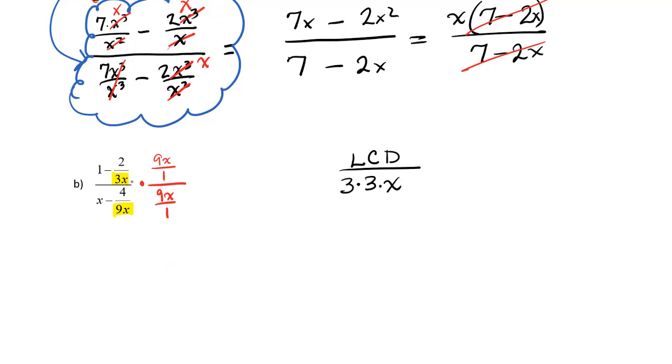I'm going to distribute that LCD to both terms in my numerator and both terms in my denominator. This is the step where I'm telling you, you've got to practice this. 9x times 1 will give me 9x minus, and now remember, 9x divided by 3x will just be a 3. So I'll have minus 2 times 3.